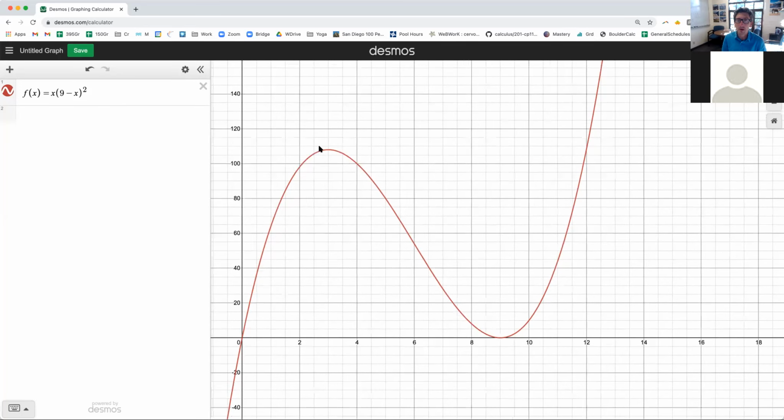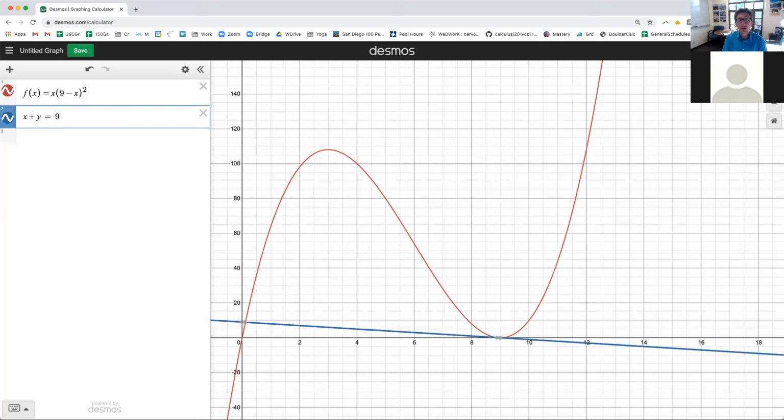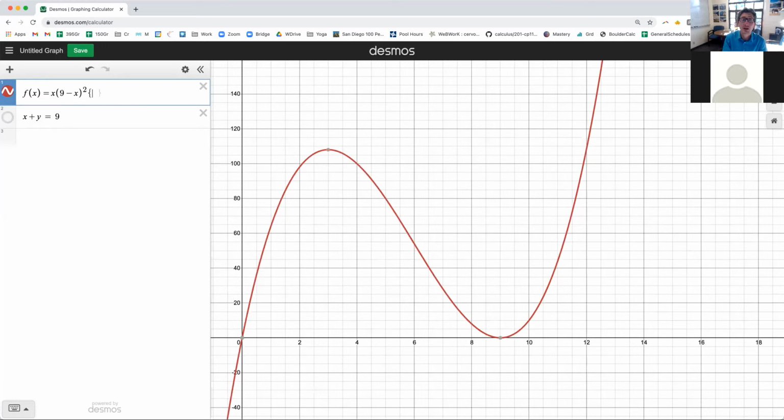But if you remember in our problem, what did we know? We knew that x and y were two numbers that added up to 9. And so that means that x and y, remember they were non-negative, so they're both greater than or equal to 0. So the range for those two numbers had to be between 0 and 9. We couldn't have one equal to 10 or 14, because that would mean the other number would have to be negative.